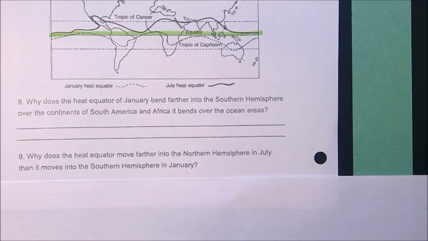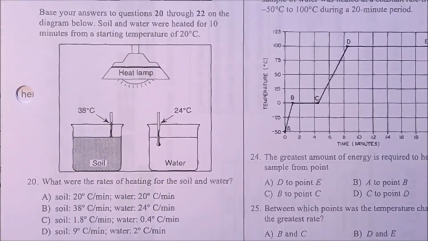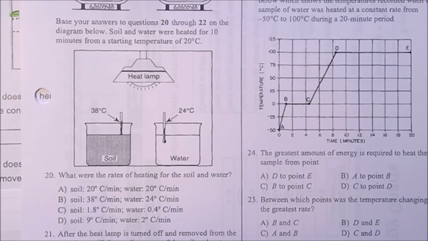So in summary, I can give you an idea. Here's another Regents question that sort of shows you the type of setup. The idea is that land and water heat at different rates because they're different materials. The specific heat determines how rapidly something heats up.